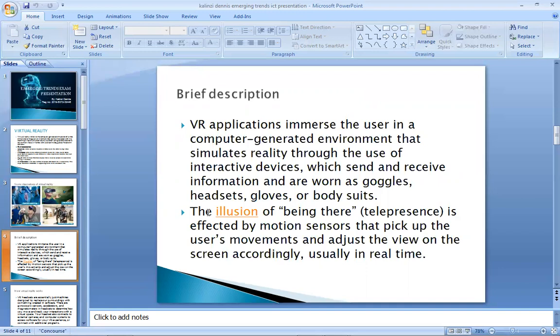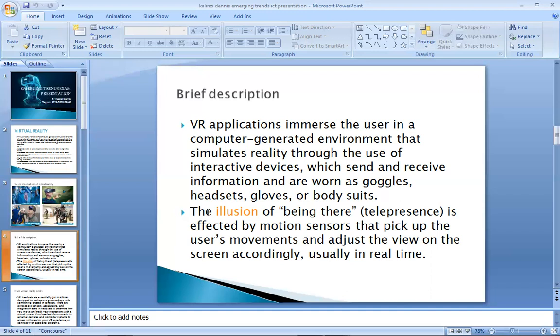That statement alone tells you that when someone puts on the goggles, they are surrounded by computer-generated images and programs that coexist with this hardware to create that experience. And these devices send and receive information. They are worn as goggles, headsets, gloves, body suits, and so on.